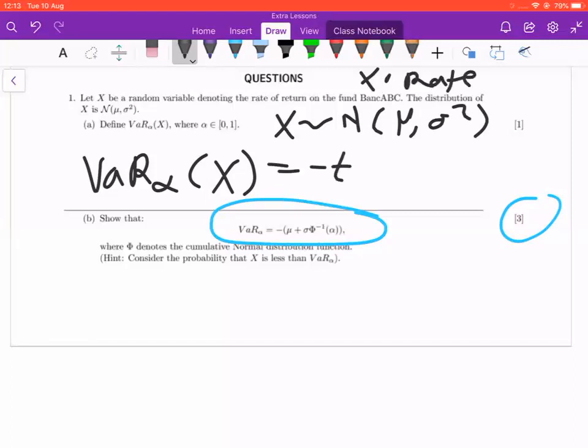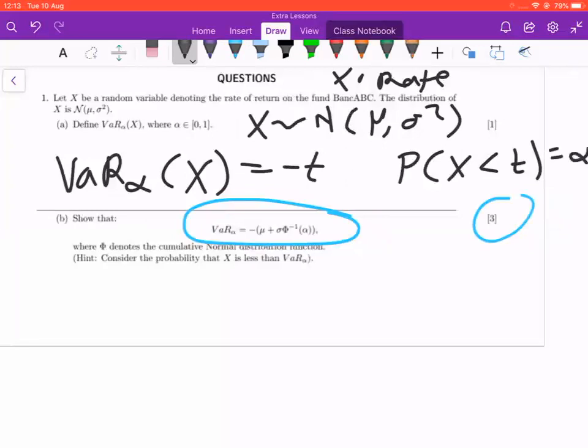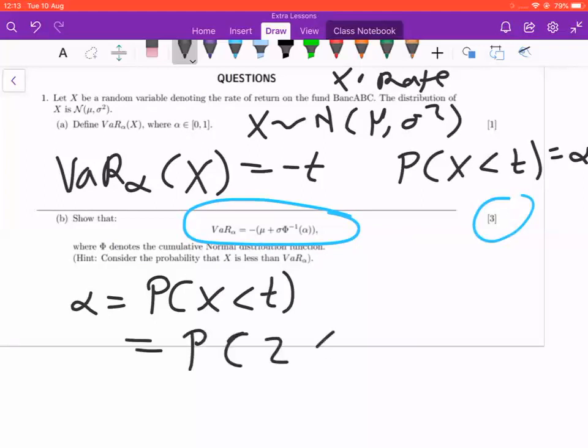It's continuous, so you will have the probability that x is less than t equals alpha. You standardize x, and you will have the probability of z less than t minus mu over sigma. Actually, it is sigma, not sigma squared.